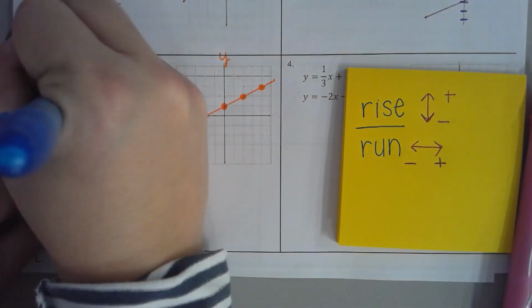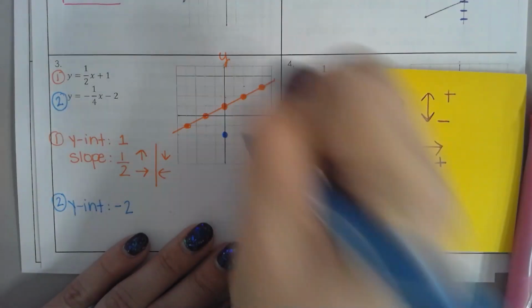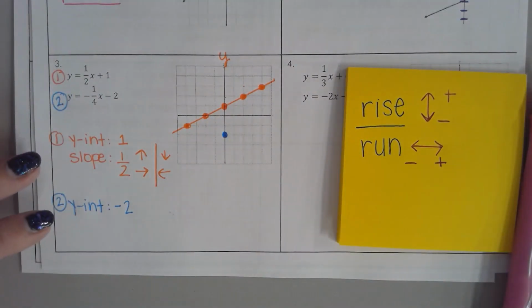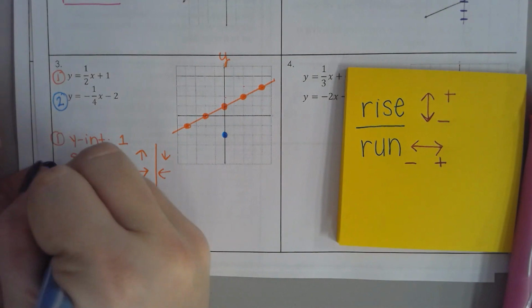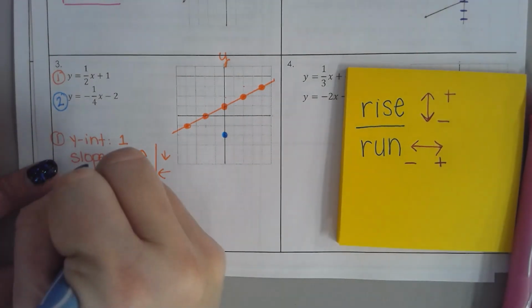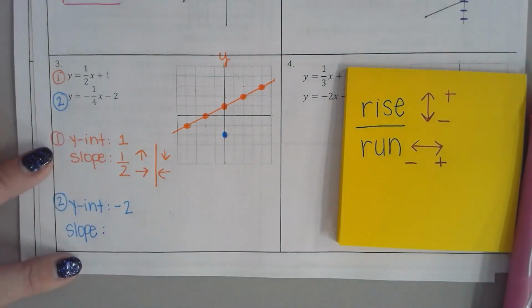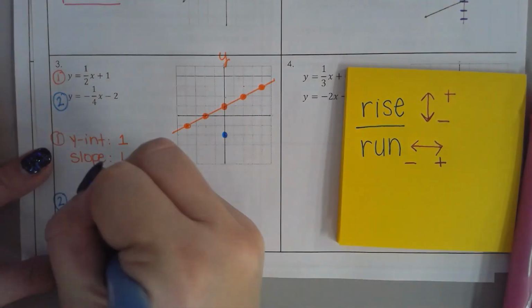The y-intercept of the second line. So I put my first point on -2. And then my slope is what? -1/4. So I'm going to put that negative in the top.